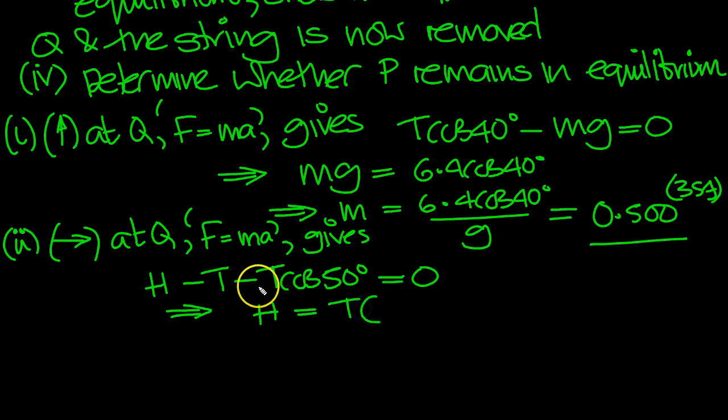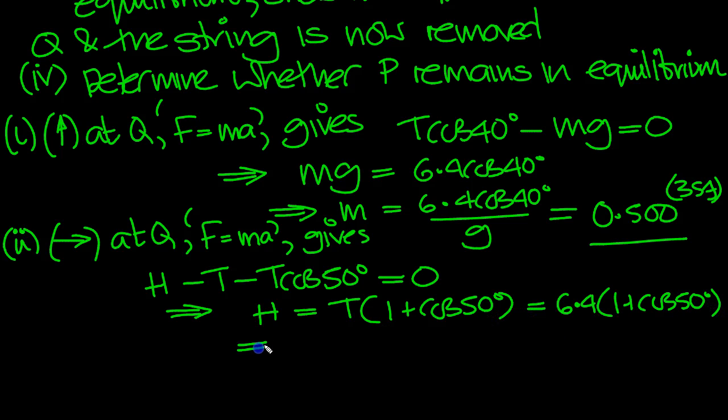Move these both over and take the T out as common: T times 1 plus cos 50 degrees, which is equal to 6.4 times 1 plus cos 50.